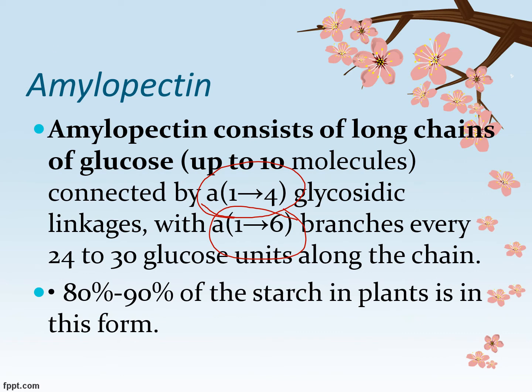So if you have the straight chain composed of glucose monomers, when you have 24 to 30, then it branches. 80 to 90% of starch in plants is in the form of amylopectin.